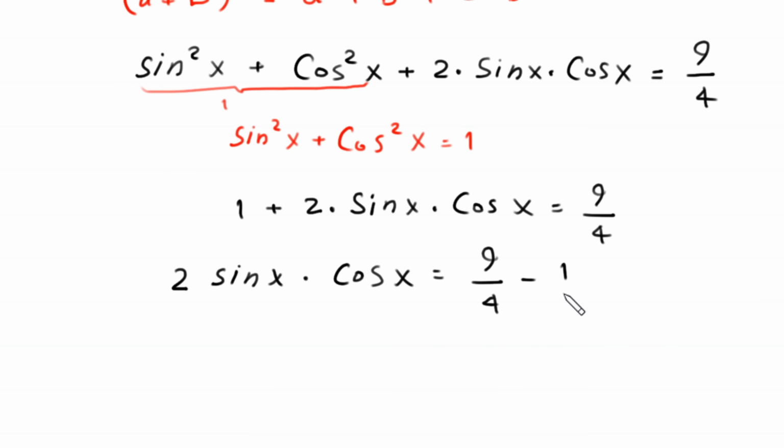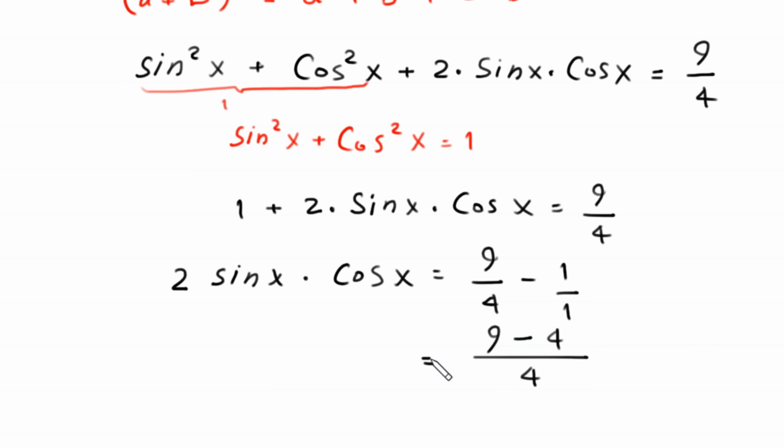We can write the denominator 1 and take the LCM of 4 and 1. The LCM of 4 and 1 is 4. So this 9 will come here and this negative sign will come here. 4 divided by 1 is 4, so 4 times this 1 is 4.